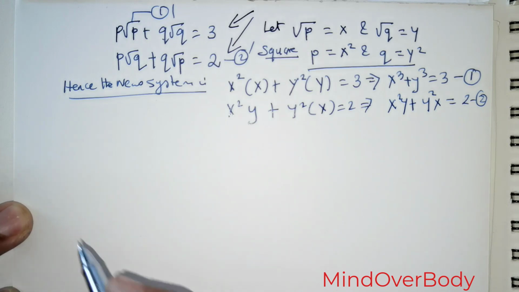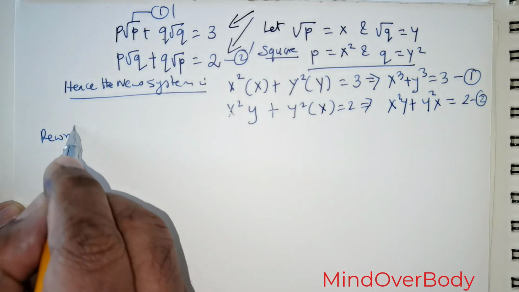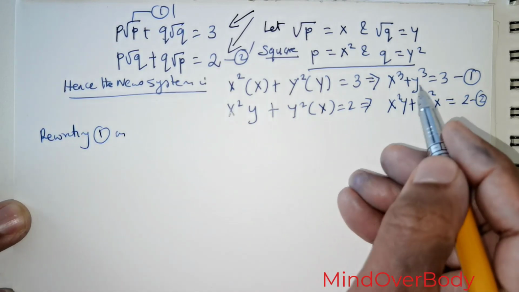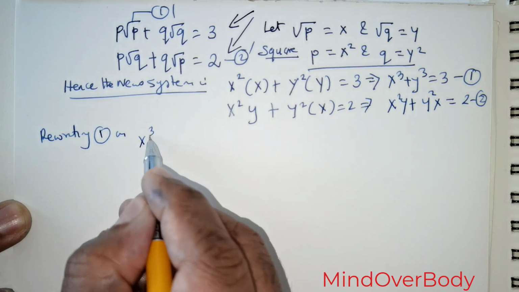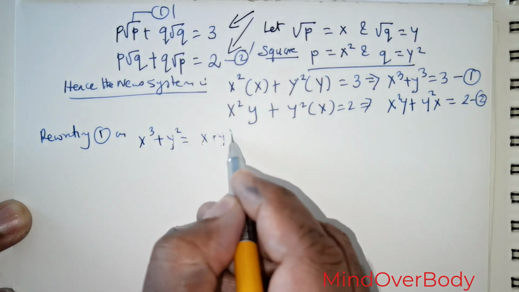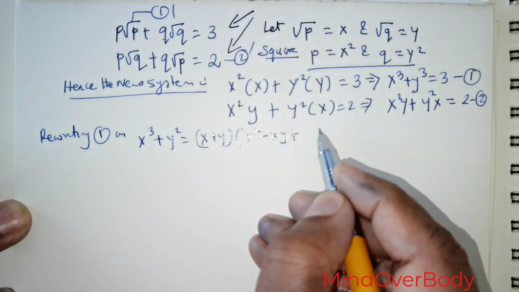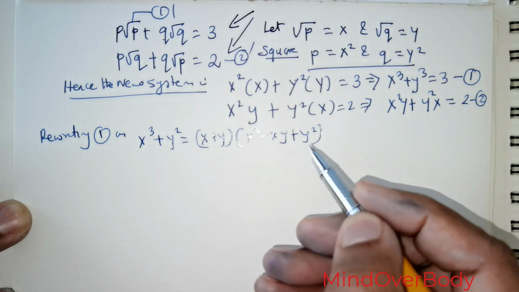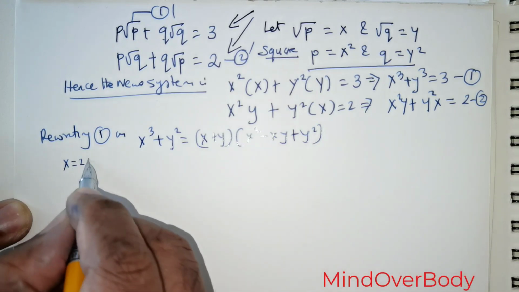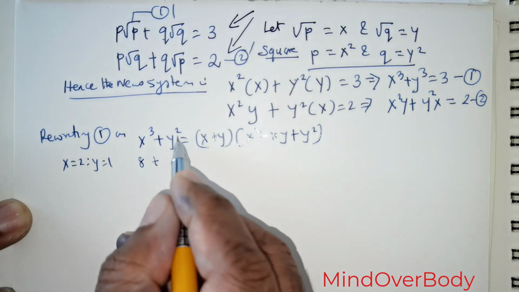Now I can rewrite equation 1, x cubed plus y cubed, as x plus y times x squared minus x times y plus y squared. Let me check: if x is equal to 2 and y is equal to 1, then 2 cubed is 8, and y cubed is 1.